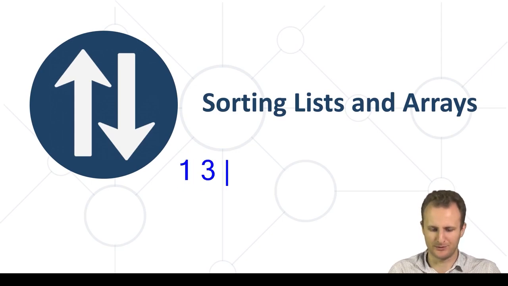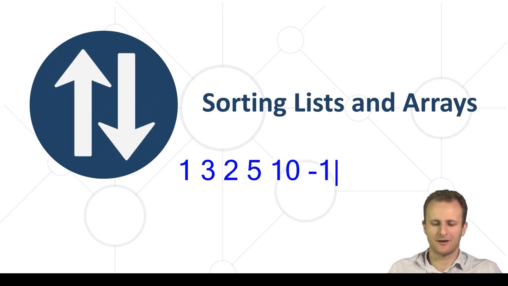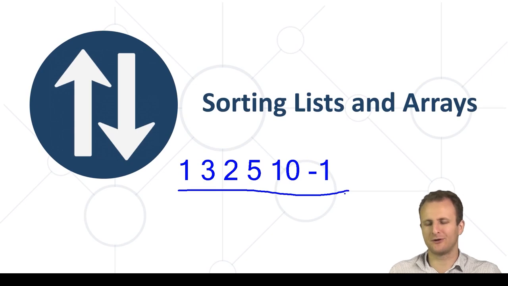but what you can do with them, for example, if you have the items 1, 3, 2, 5, 10, minus 1, this is what we'd call a non-sorted array, at least not sorted according to the natural order of the elements inside this array or list or whatever collection it is.